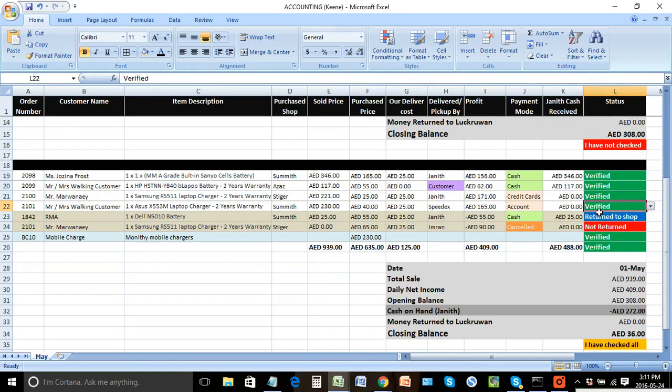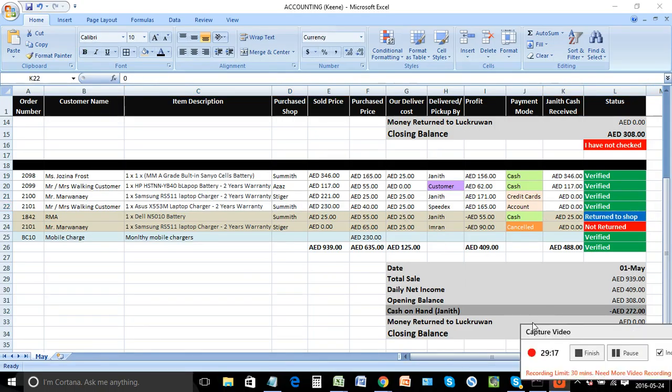Everything can be copy and paste. So if it's something like an RMA, or a cancellation, you need to have this tab. If it's a sale, you need to have the verified or unverified tab. Okay, please make sure that you have that.